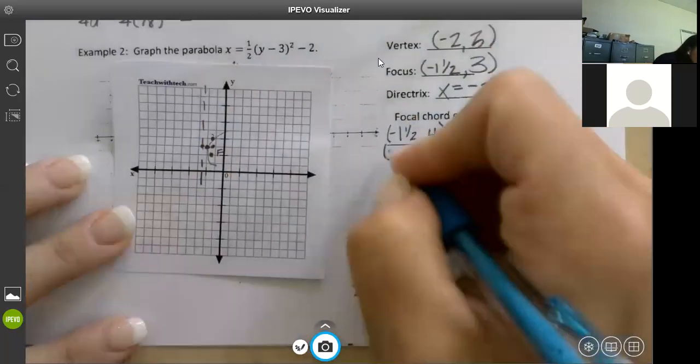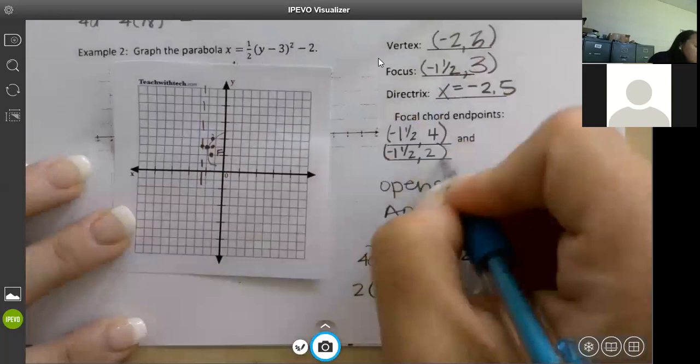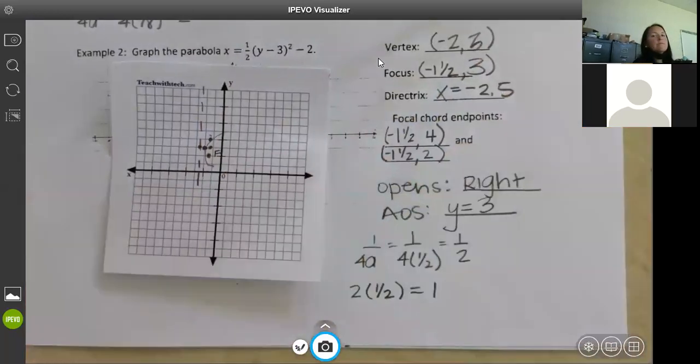For the other one, we went over the same, -1 and 1/2, but we only went up 2. So again, when you draw them, it kind of helps you here. If you need to draw them by hand, so your boxes are bigger, that's perfectly fine. I don't care. That's what I'm going to do. Is everybody good? All right, flip it over.